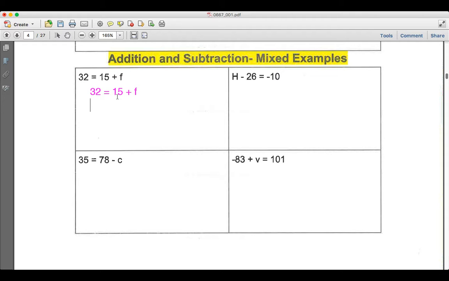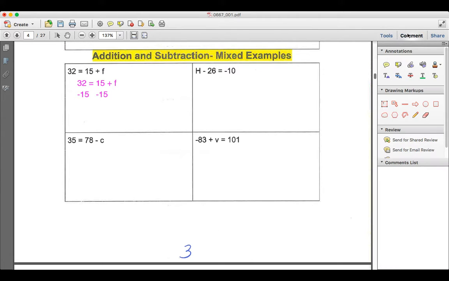So I'm going to do minus 15 on this side, and see how it's not completely lined up, but I'm going to try my best. And then I'm going to space over, minus 15 on this side. Then I'm going to grab my comment tool and grab the line over here. Oh, spinning wheel of death. I'm going to grab my line as soon as this spinning wheel goes away.